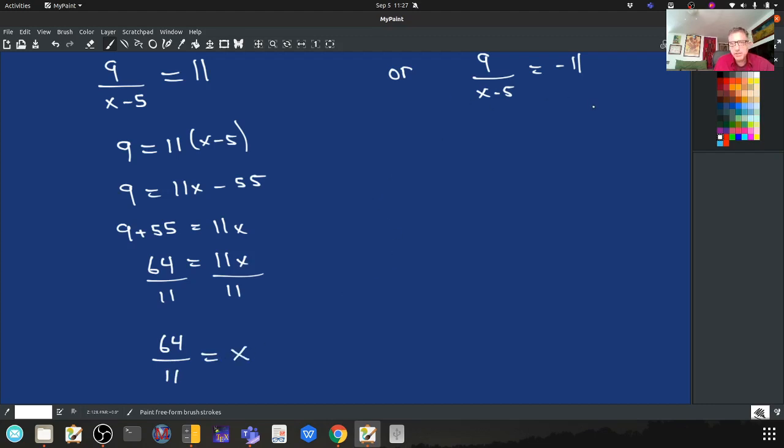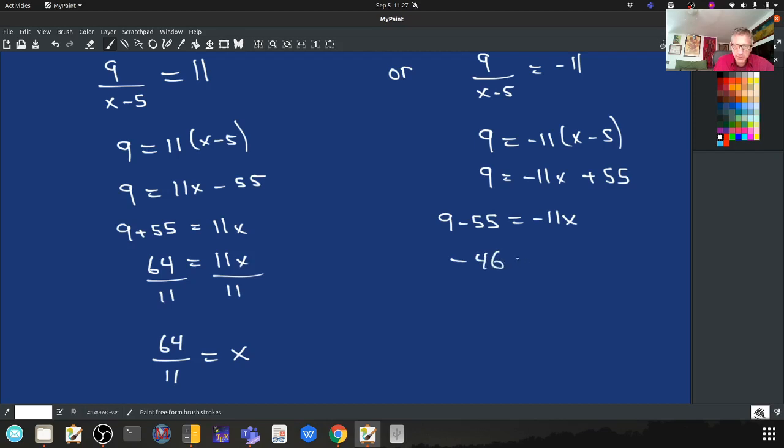But we have to do this side over here. So again, we're going to multiply both sides by x minus 5. So that's equal to 9 is equal to minus 11 times x minus 5. So that's 9 is equal to minus 11x plus 55. So now I subtract 55 from both sides, and I get minus 46 is equal to minus 11x.